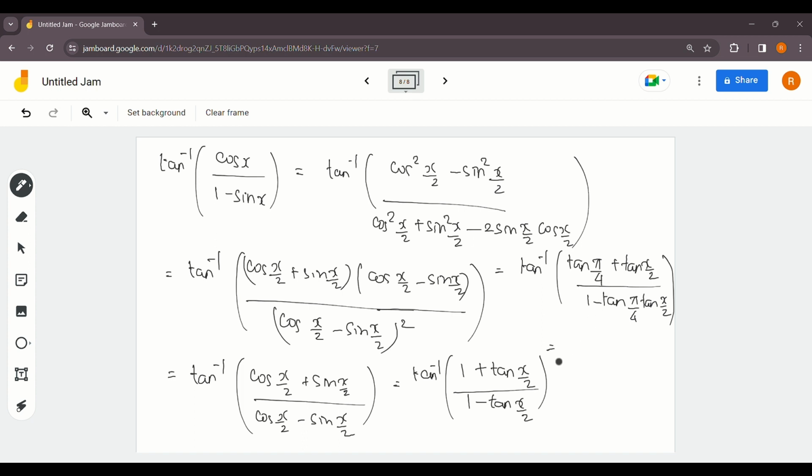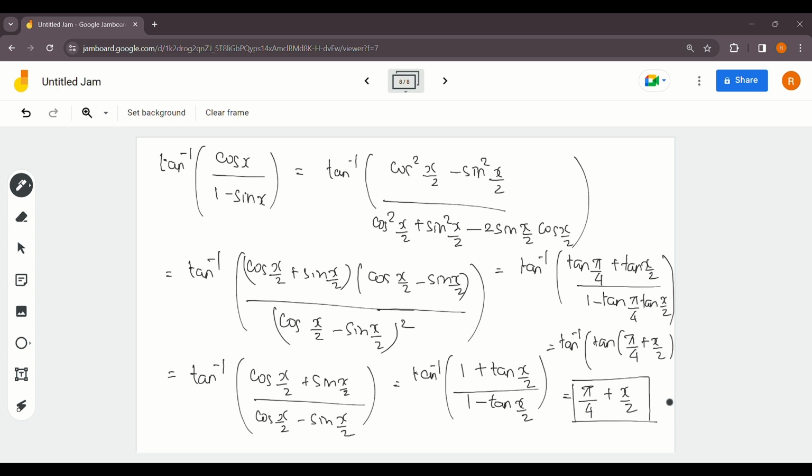Now how does it look? It looks like tan a plus tan b by 1 minus tan a tan b, which is nothing but tan of a plus b. So tan of pi by 4 plus x by 2. So now tan and tan inverse will get cancelled. So the final answer is pi by 4 plus x by 2.